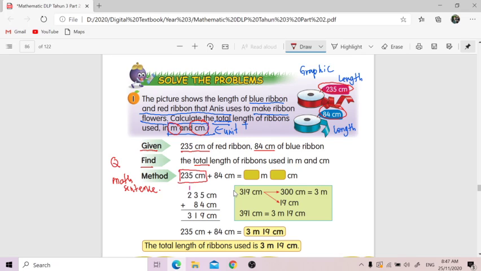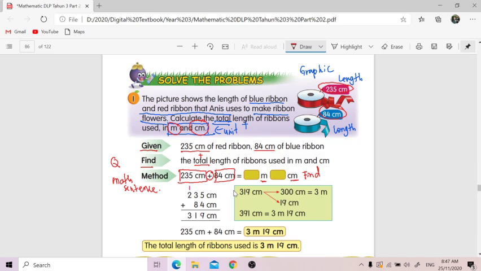And then after that take the operation. So operation untuk total is addition. So letak addition and then another number. Okay, dan biarkan kosong. Dan di sini adalah equals to. Inilah yang dia minta find. This is what they ask you to find in meter and centimeter.